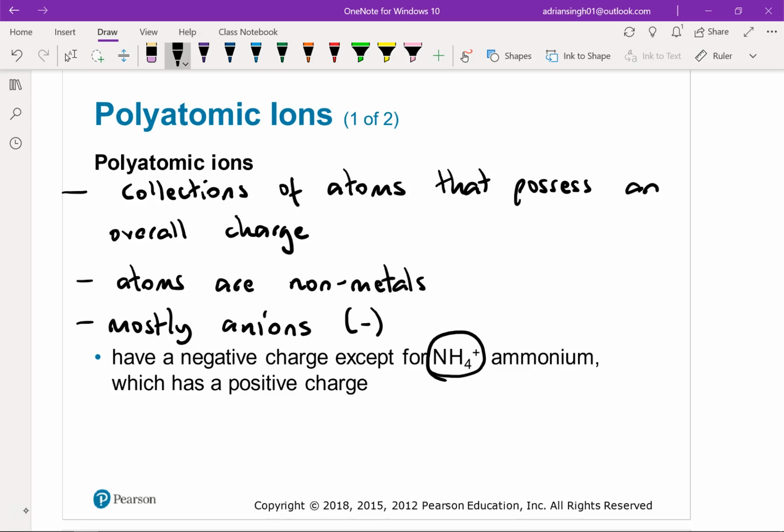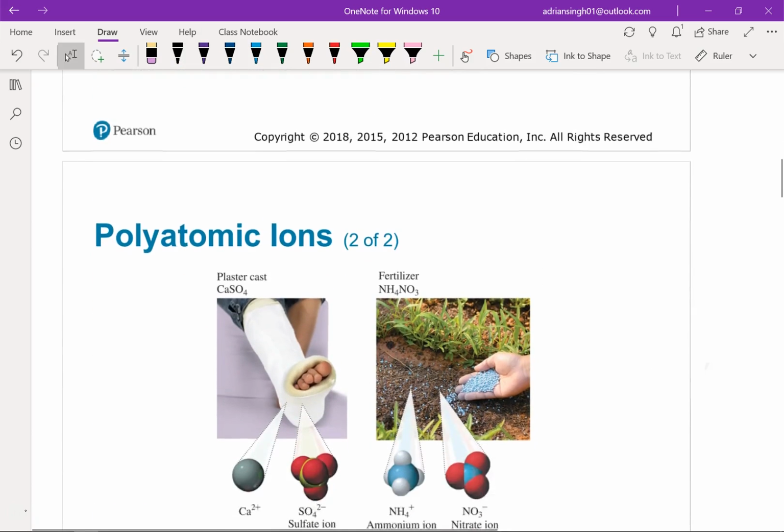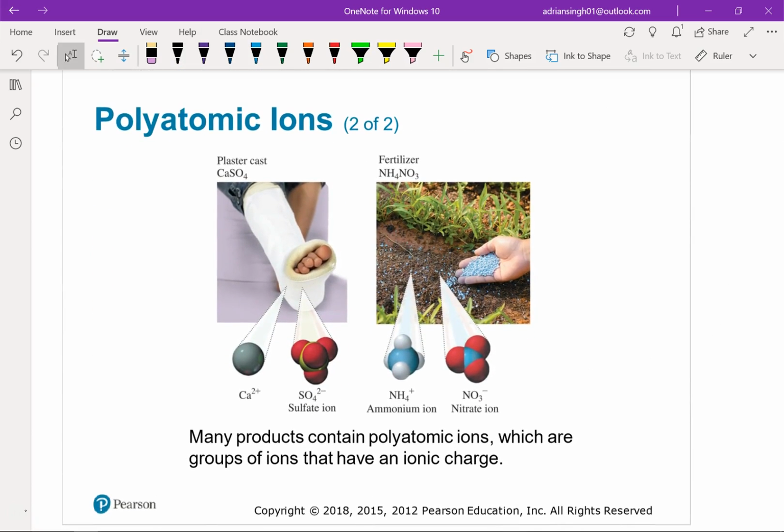So we're going to take a look at some of these polyatomic ions. There are several of them that you need to know that you're going to be seeing way more frequently than others. The polyatomic ions, you actually see them quite frequently. They are in lots of very common substances. So for instance, if you had a plaster cast that's made up of this ionic compound called calcium sulfate, it contains the sulfate anion. Fertilizer contains ammonium nitrate, which is made up of the ammonium ion and the nitrate ion.